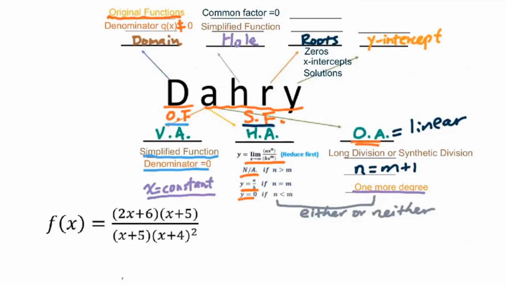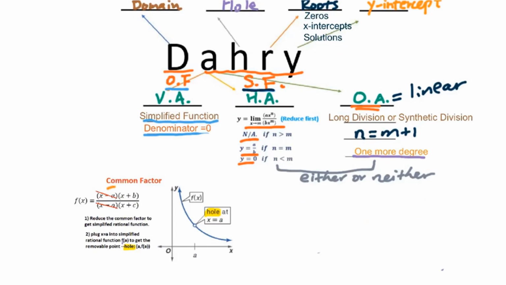Let's talk about the hole. Common factor will be the keyword for the hole of rational functions. Reduce the common factor to get a simplified rational function. Then you set the common factor equal to 0 and plug into the simplified rational function.